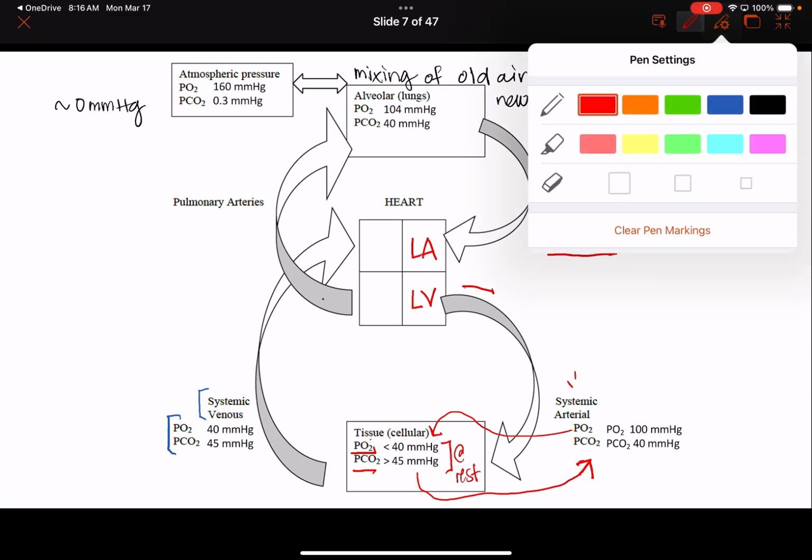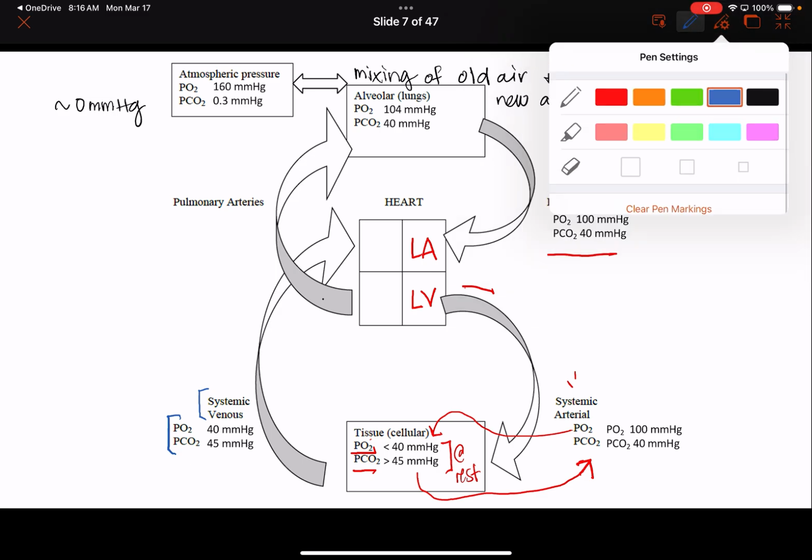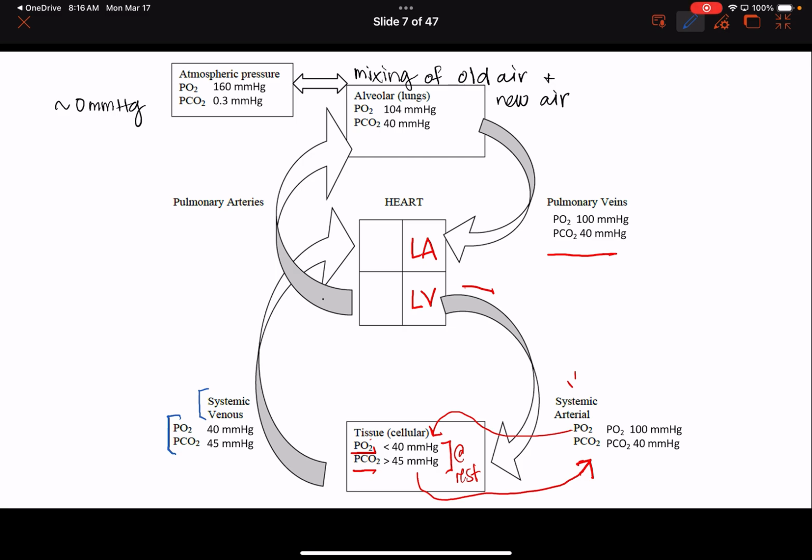So from there, once the blood leaves the venous side of the capillary beds, we're in our systemic veins. Those systemic veins are eventually going to make their way towards the heart, and the superior and inferior vena cava are going to dump that blood into the right atrium. We're going to go past the tricuspid valve to the right ventricle.